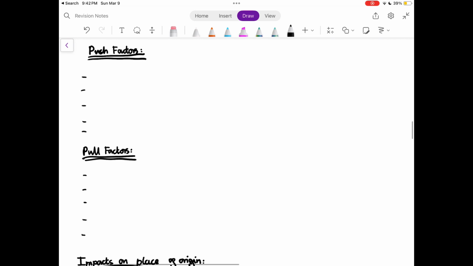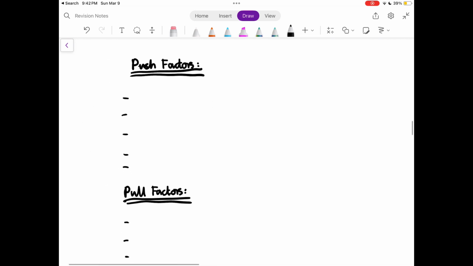Okay, so now we're going to be looking at the push and pull factors. So push factors are what pushes people out of the place of origin where they were originally staying. So such push factors could be natural disasters, as we talked about earlier, because people may lose their homes, so they'll be forced to migrate out of the area.